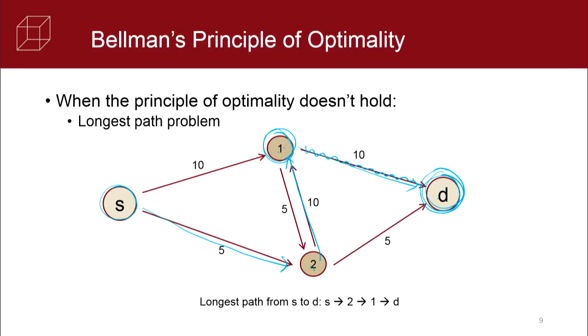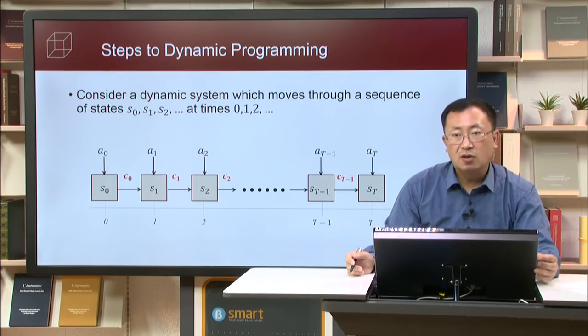So from this example, we know that the longest path problem does not hold the principle of optimality, right? So in this problem, the principle of optimality is not satisfied.